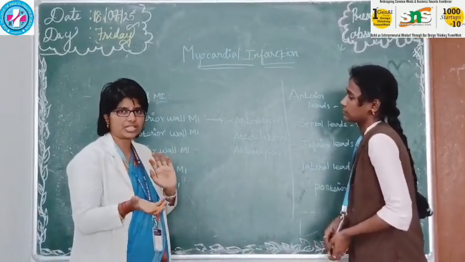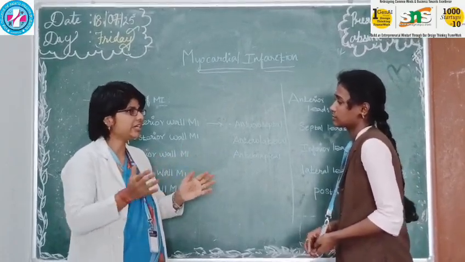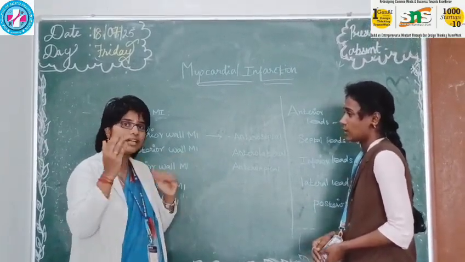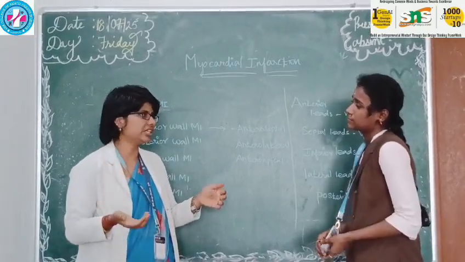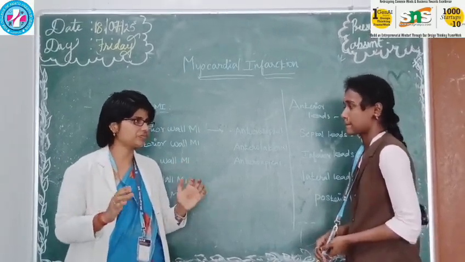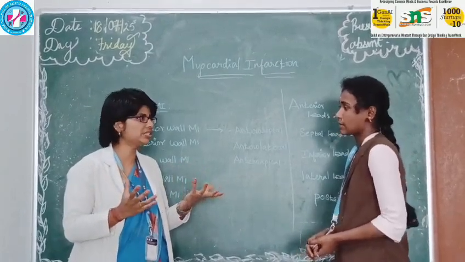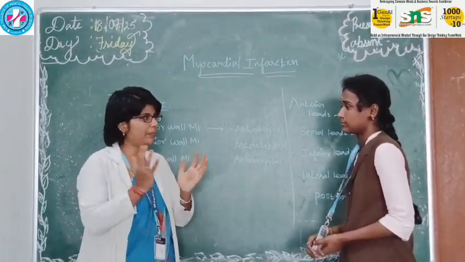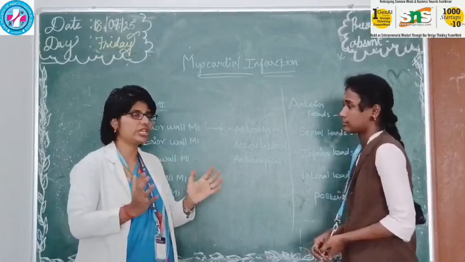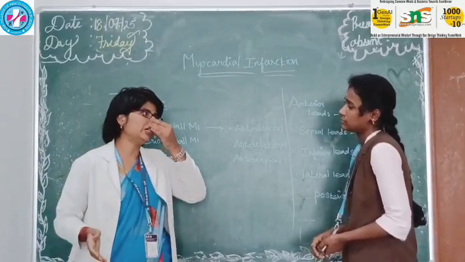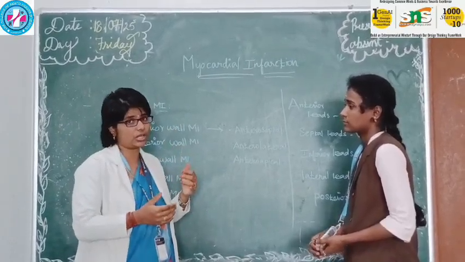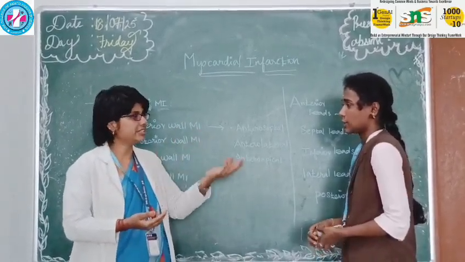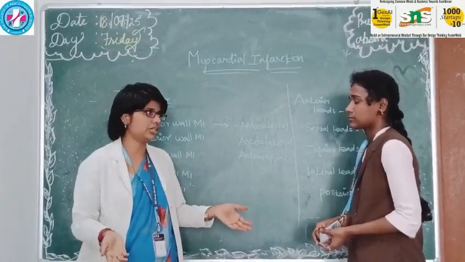So in apical MI, LV contraction is moderately reduced. The LV apical region is a major area that receives a large blood supply. If one segment is affected, the contraction is affected, and our cardiac output, stroke volume, diastolic volume, and ejection fraction are all affected.